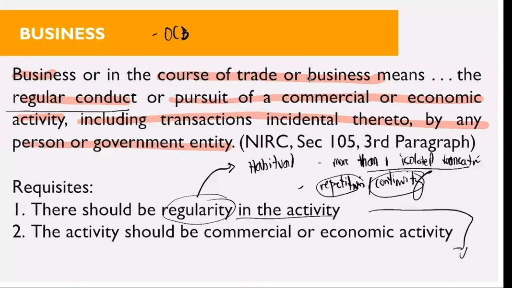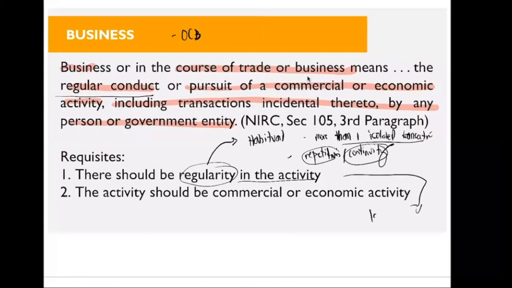Our question now is whether an isolated transaction can be considered as undergoing business, therefore subject to business tax. Because we said only those in the performance of your regularity of activity or those habitual activity is subject to business tax because it is considered a business. But what if it is only an isolated transaction? Is it subject to business tax? Yes, it can be subject to business tax because it can be considered as a business.